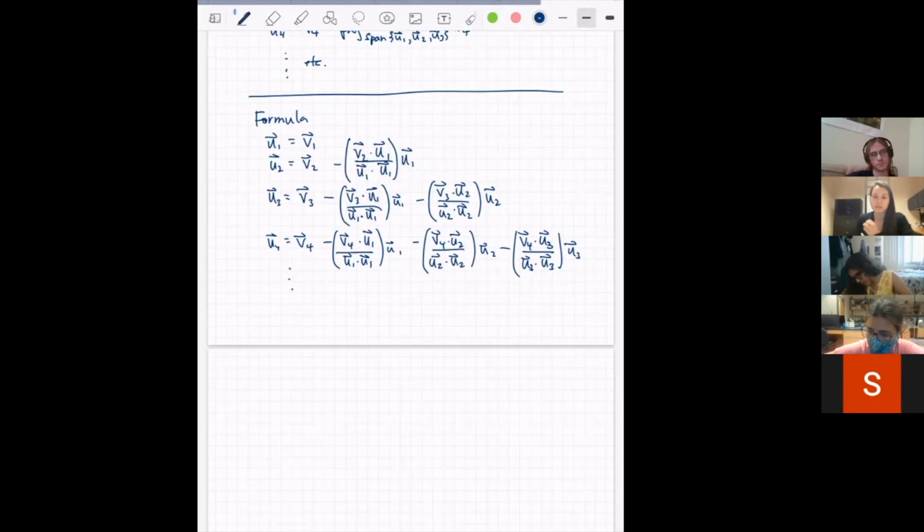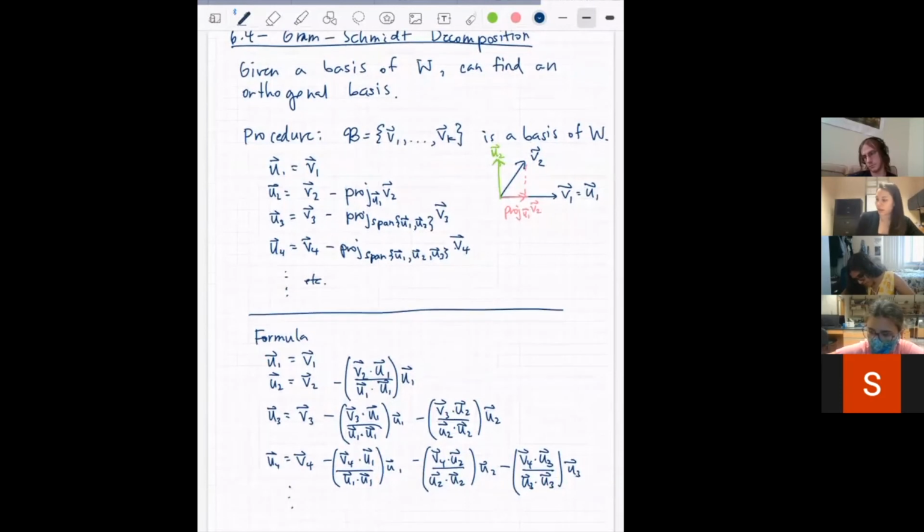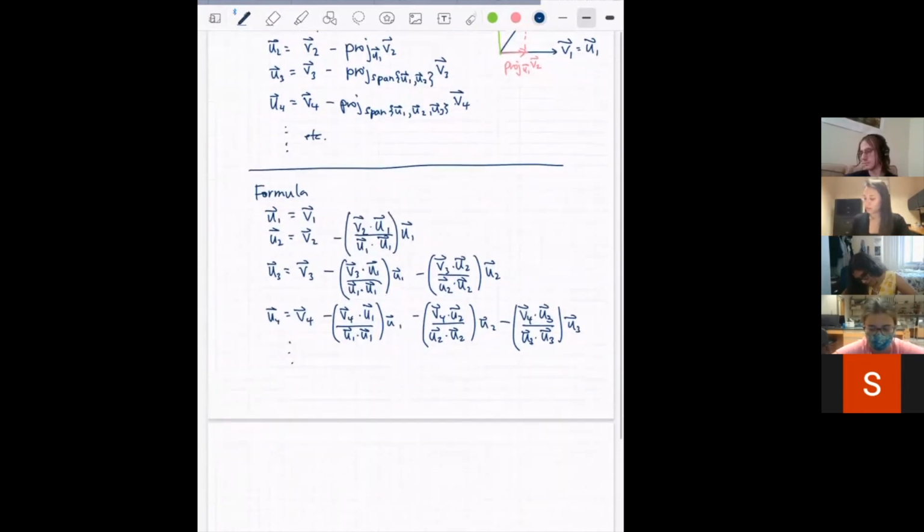If it's orthogonal, it will be linearly independent. So it should span your space. So we're not going to go over the proof of that. It is in the textbook, but I think we will just do an example of doing this.